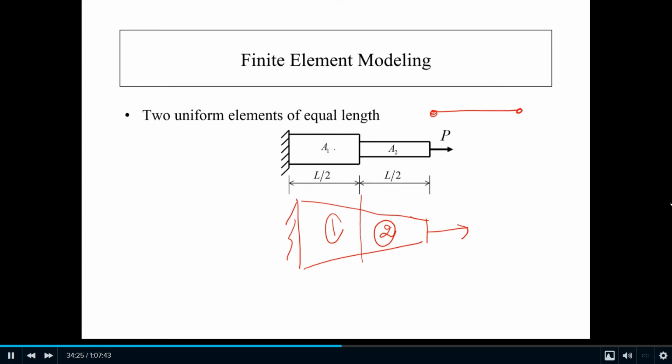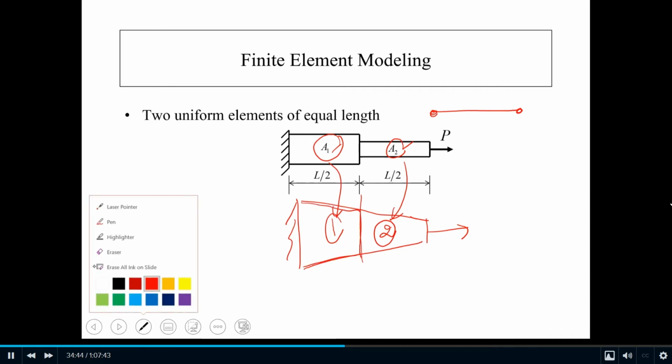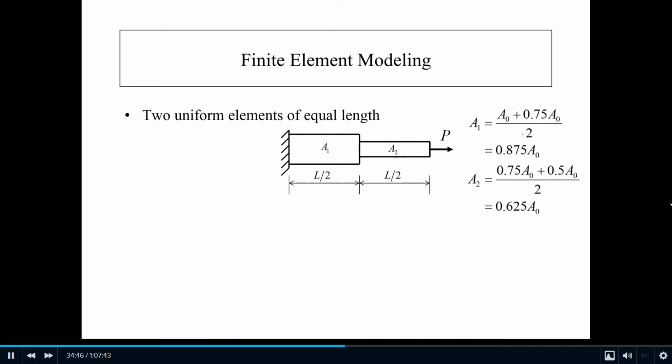So it's going to be A1 and A2: A1 represents element 1, and A2 represents element 2. So what you need is to approximate A1 and A2 for this non-uniformity. A1 would be 0.875 A0, and A2 is 0.625 A0.